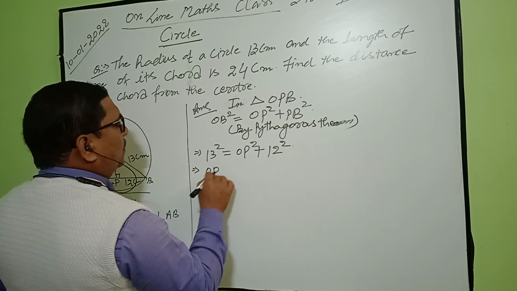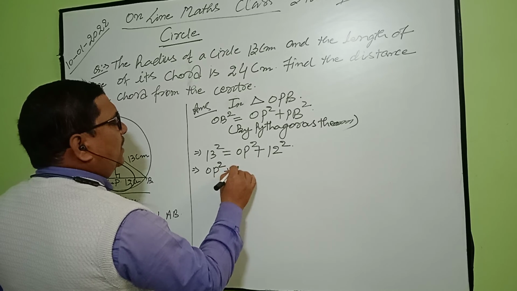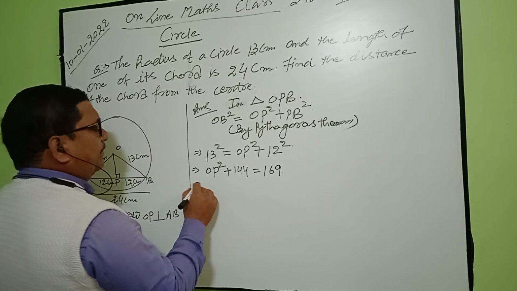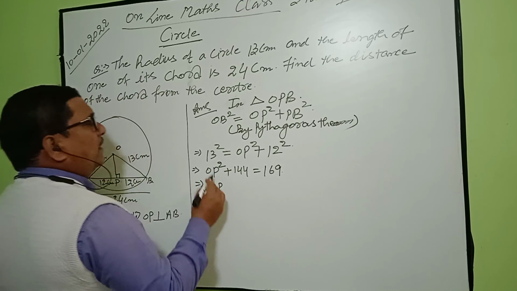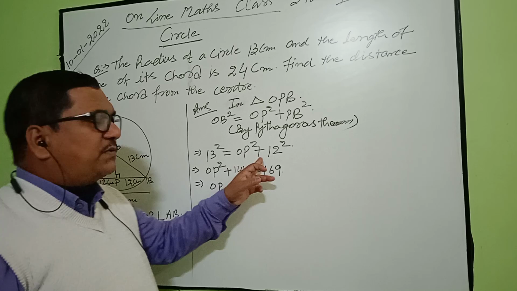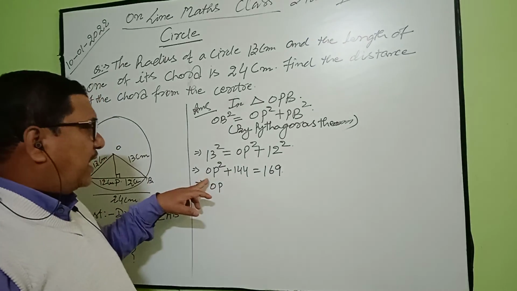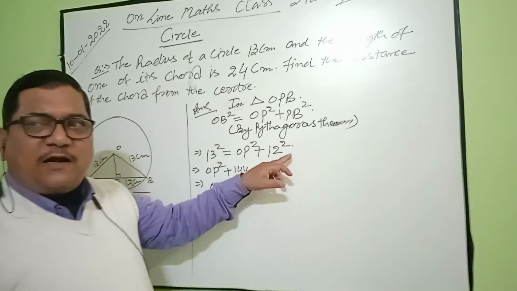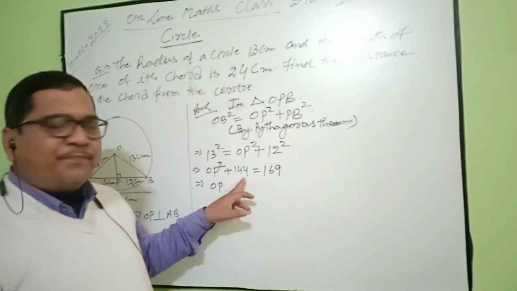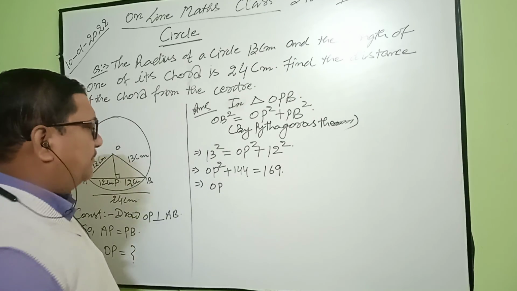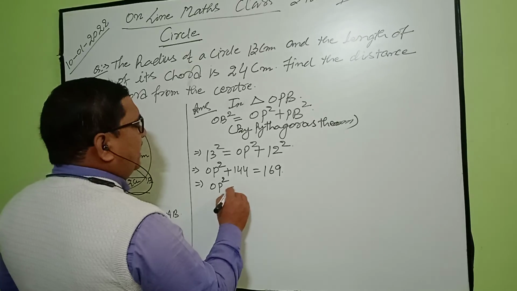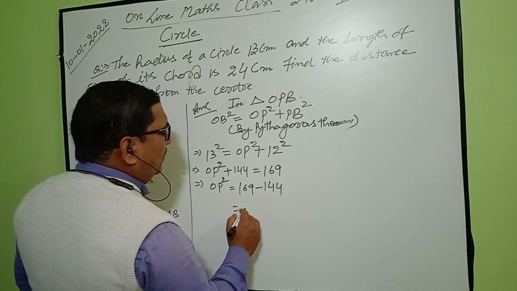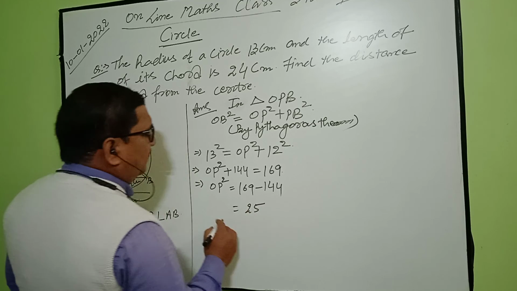Now OP square plus 144 equals 169. So OP square equals 169 minus 144, that is 25.